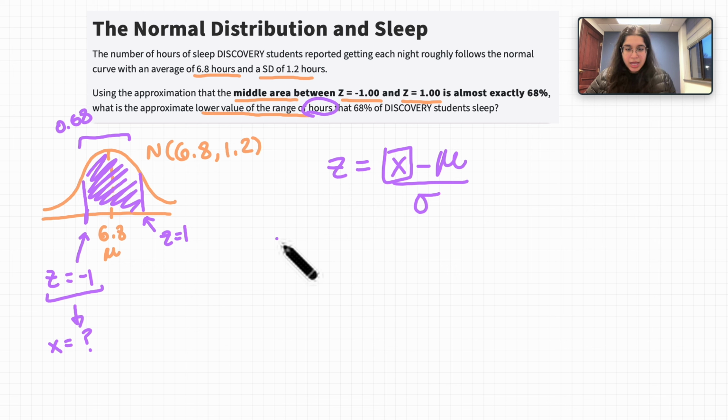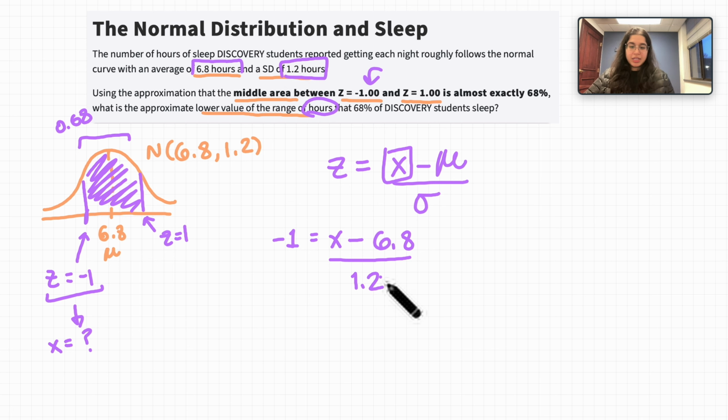I know my z is -1, given from the problem. So z equals x, the value I'm trying to find, minus my average, 6.8 hours, divided by sigma, the standard deviation, which is given as 1.2 hours.